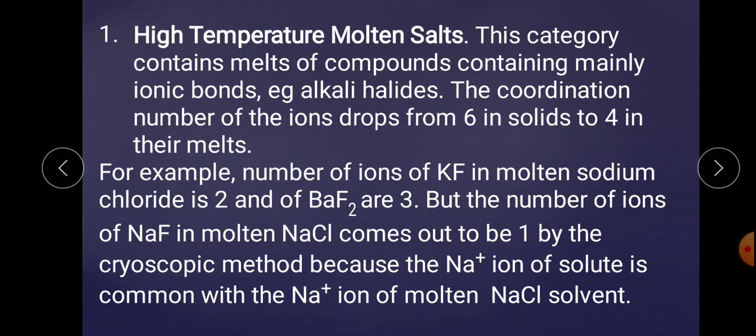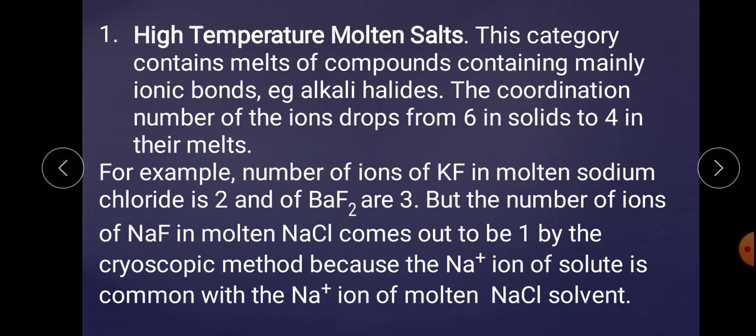For example, the number of ions of KF in molten sodium chloride is 2 and of BaF2 is 3, because KF gets dissociated into K positive and F negative, and BaF2 gets dissociated into Ba2 positive and 2 molecules of F negative. Hence, in KF there are 2 ions, and in BaF2 there are 1 plus 2, total equal to 3 ions formed.